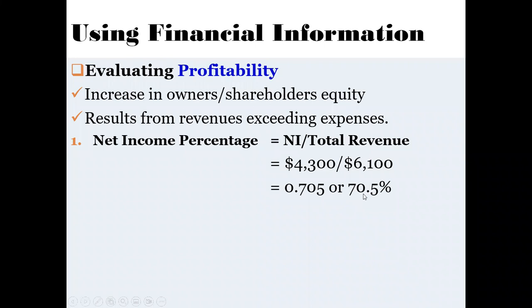And without even knowing how to interpret it, things would be looking good. Not true? Because your revenue was 6,100, and remember that only 1/8 of that was expenses. So it seemed to be doing nicely in terms of net income percentage.